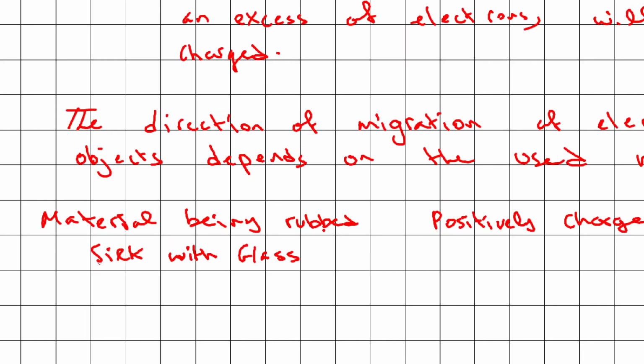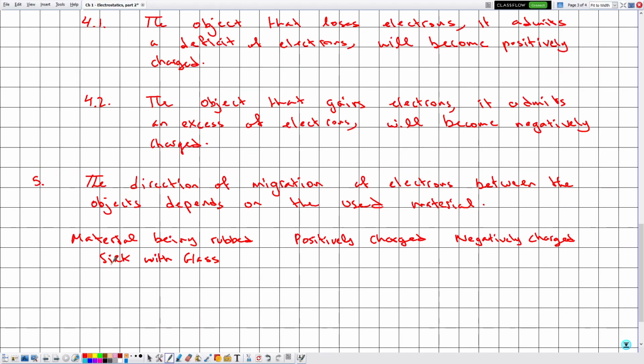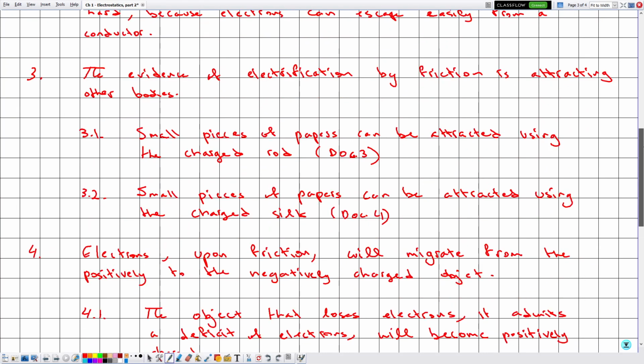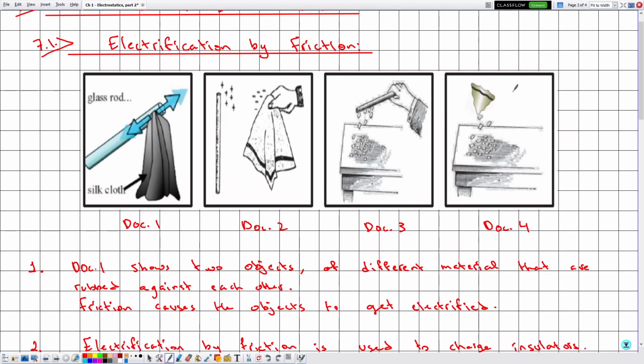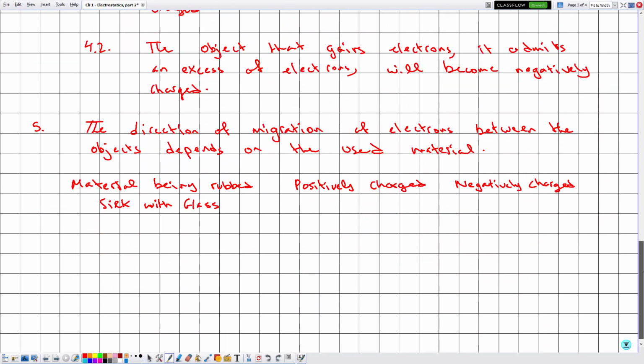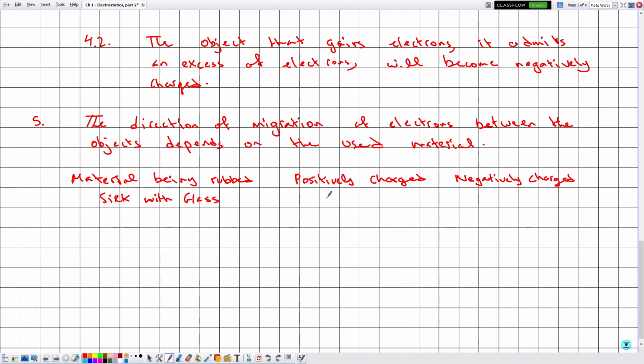Now suppose that we are rubbing silk with a glass as we did above. So from this experiment or from document 2 we know that the rod is being positively charged. So the positively charged is the glass rod. And for sure if one of them is positive the other will be negative. So it's sufficient to know which one is positive and we can deduce that the other is negative.